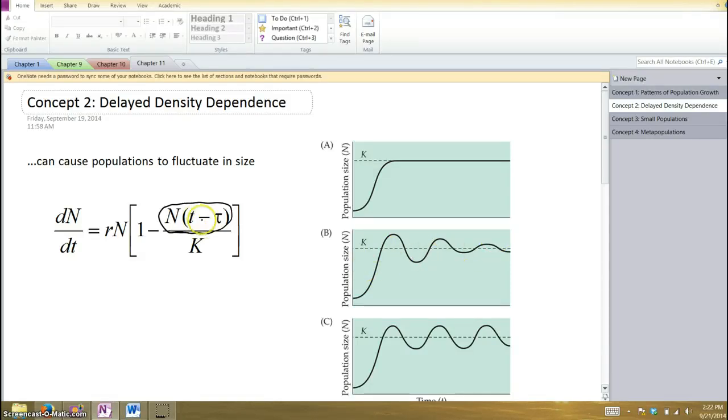And the bigger the difference between N, the current time, and the time that's having an impact, if it's further in the past, that leads to more significant oscillations around the carrying capacity and sort of a continuous oscillation around the carrying capacity.